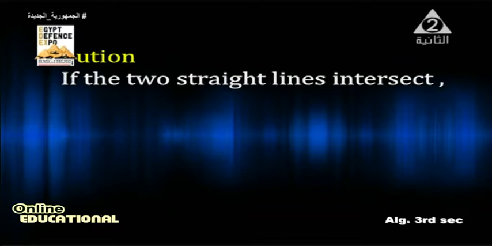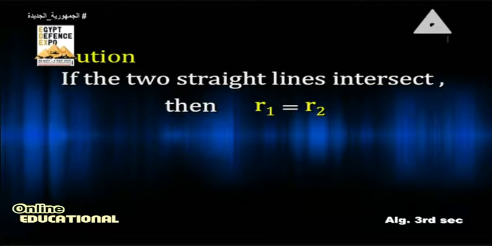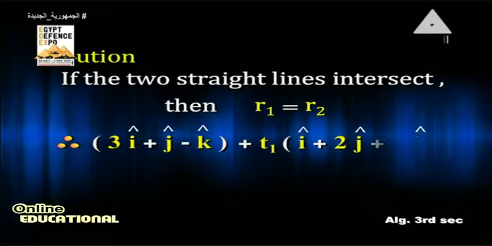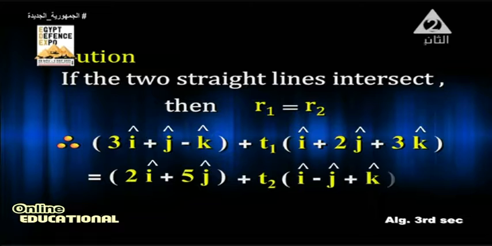Look, my dear students, if the two straight lines intersect, we put R1 equals R2. We put the equation of R1 and the equation of R2. Remember, we suppose the two straight lines intersect, then R1 equals R2. What do we mean?